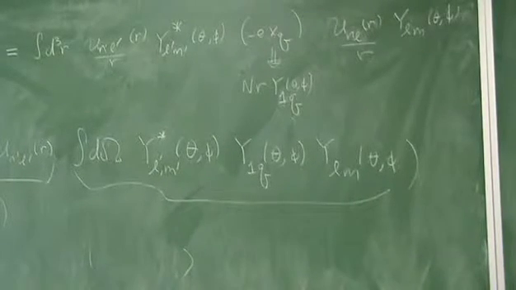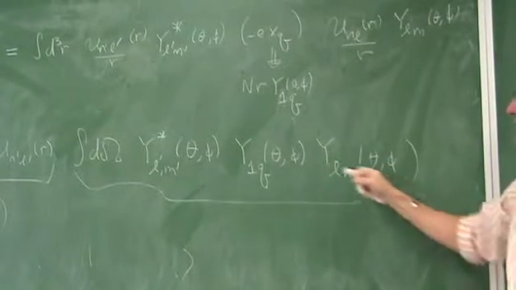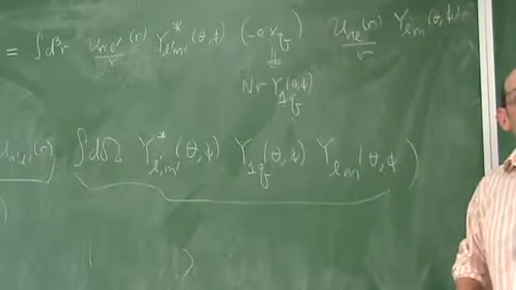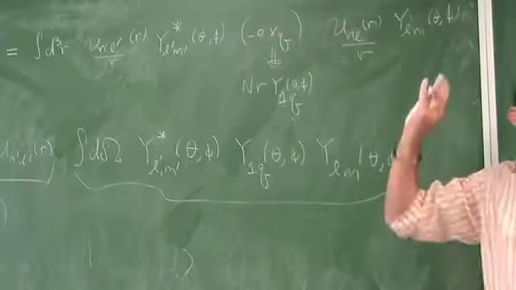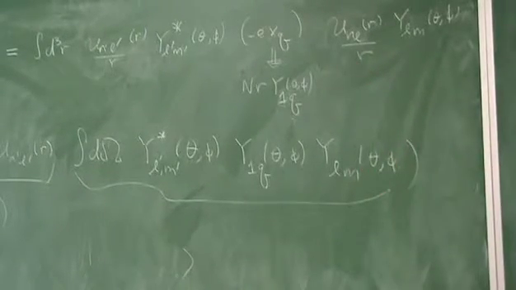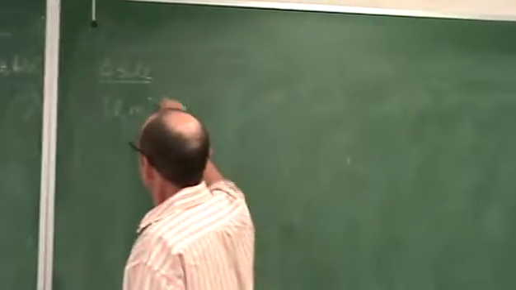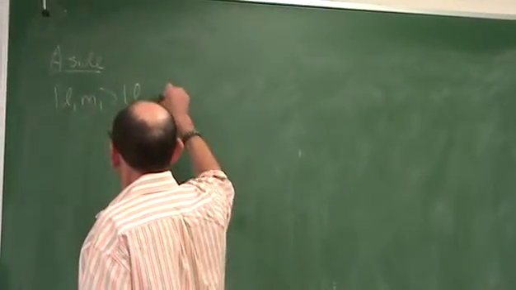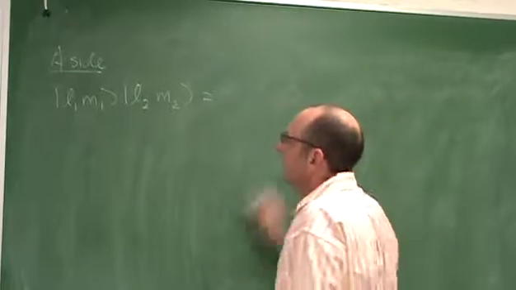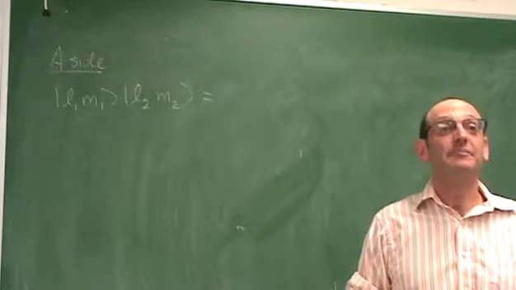Because we know something about this kind of thing. This is the product of two Y_LMs. That's like the product representation of two angular momenta. So, aside. If I look at two kets, we know that these two kets together make up total angular momentum.